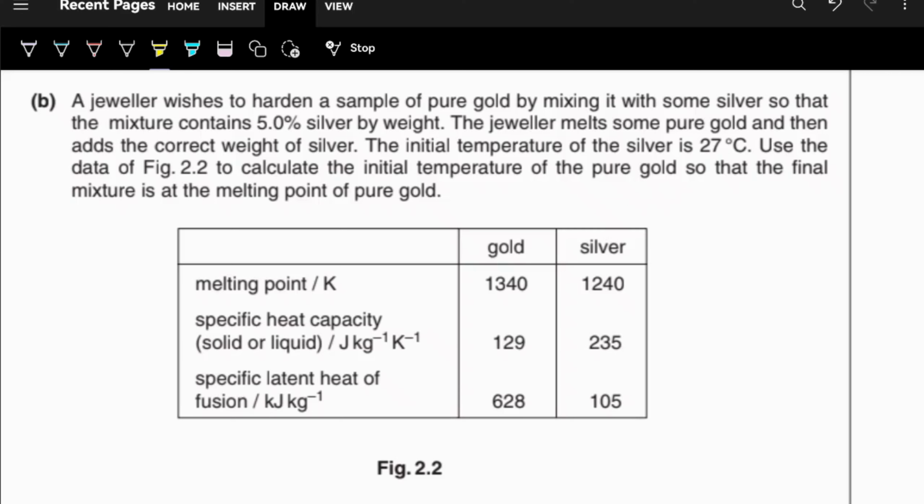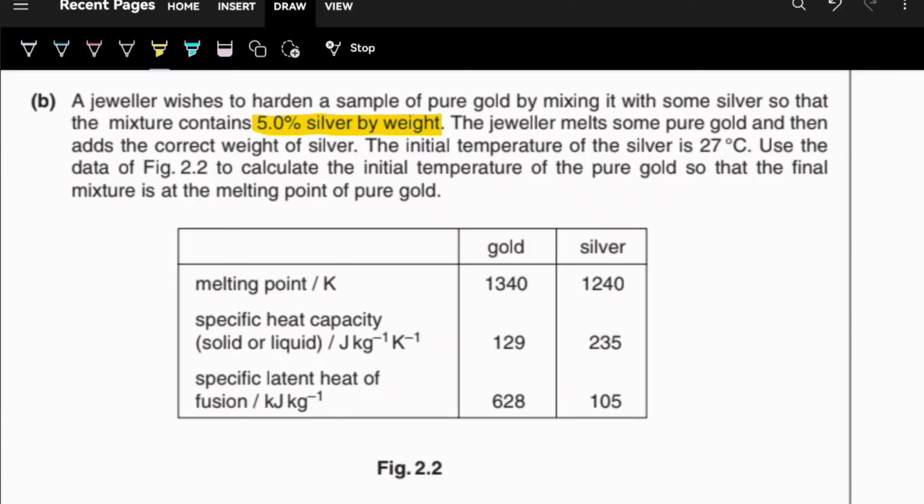First things first is the mixture contains 5% silver by weight. That means it contains 5% silver by mass as well, because W equals mg and W is proportional to m, right? So if 5% by weight, it should be 5% of mass as well. But we don't know what the mass is, so we're going to let it be m, for example. Then they say he melts some pure gold.